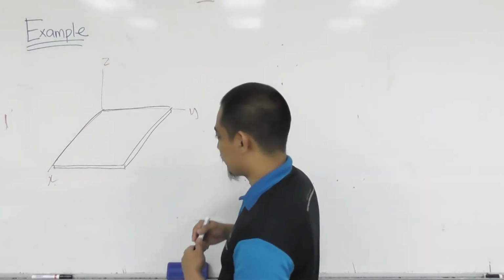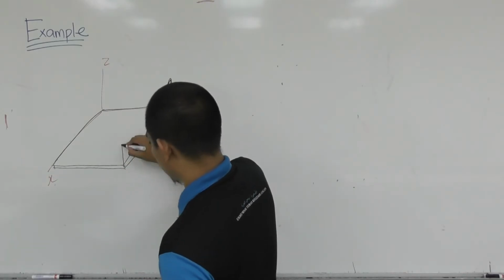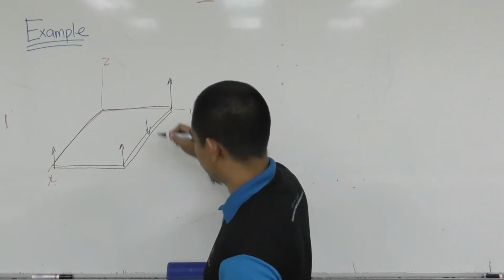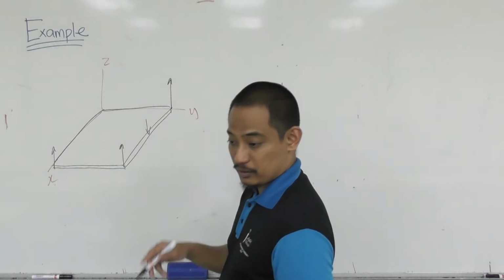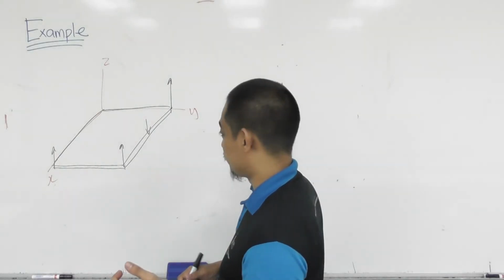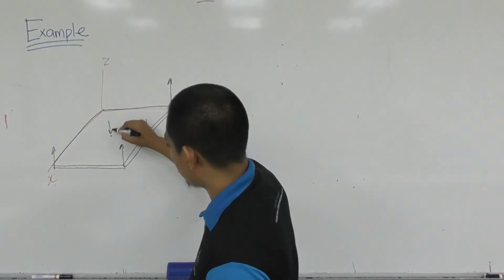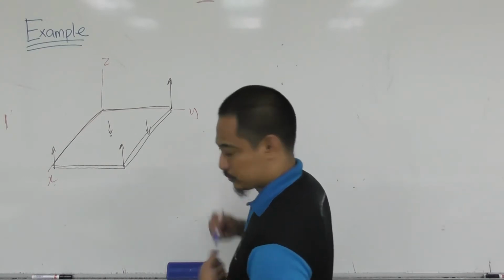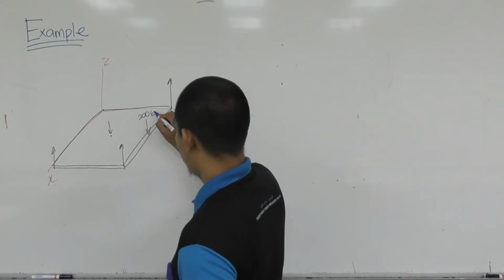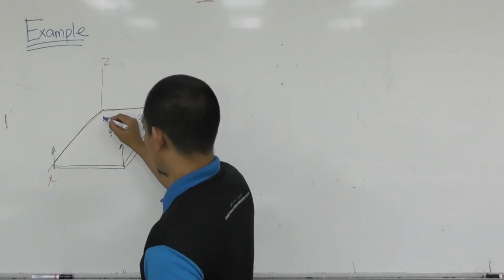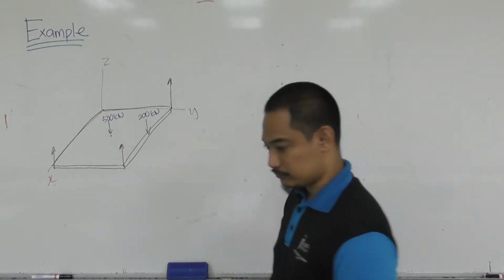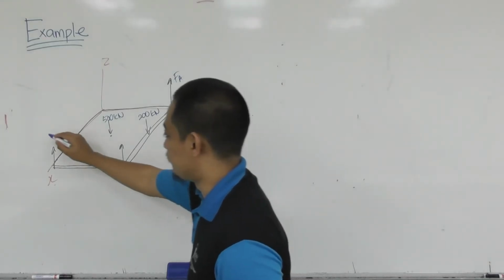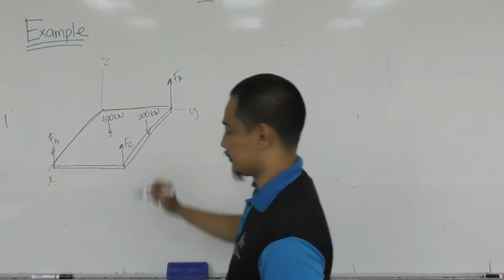Alright, so the three cables have three forces there: 1, 2, and 3. Also you have a force going down here, and you also have the weight of the plate given, which should be at the middle. So if you label this one 200 kilonewton, and the weight 500 kilonewton, and then label the cable forces FA, FB, and FC.